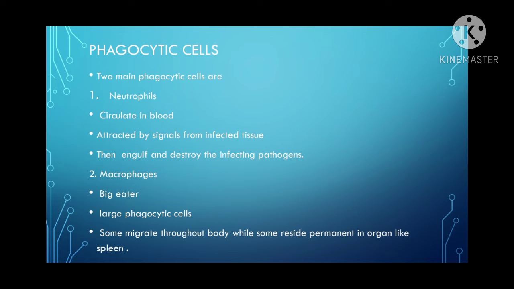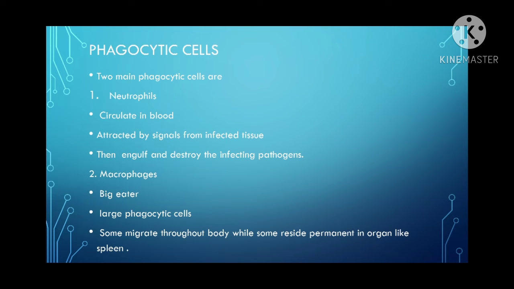It means when an infection takes place in our body, the infection releases some signals, and these signals attract the neutrophil cells. After attraction toward the infection, they engulf and destroy the infecting pathogens.